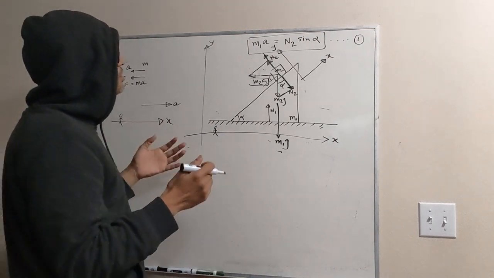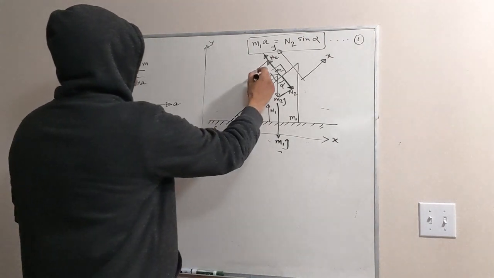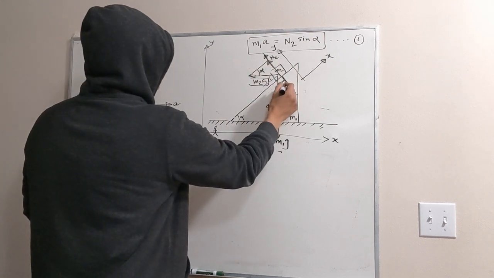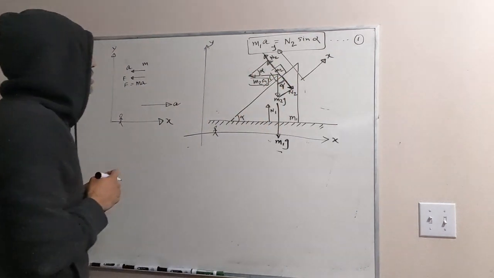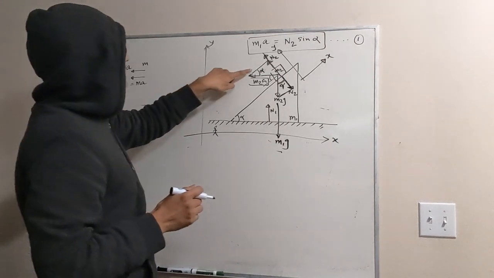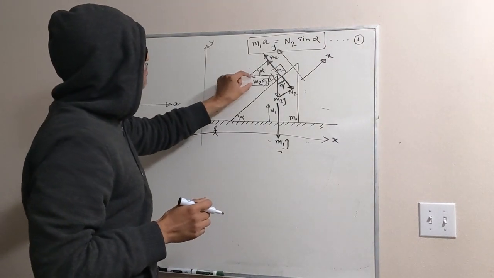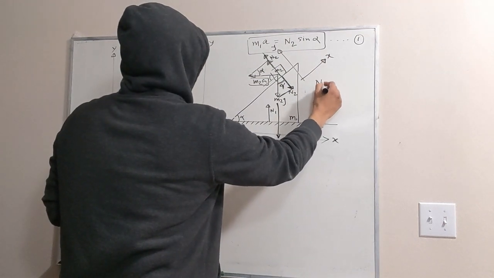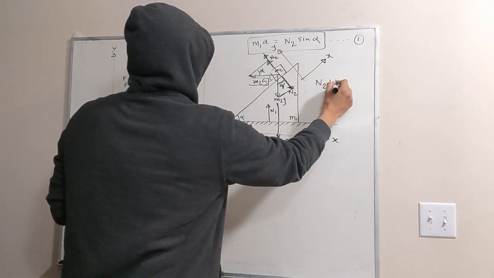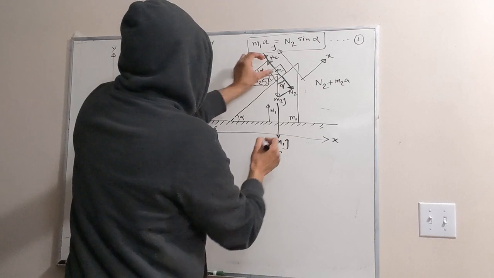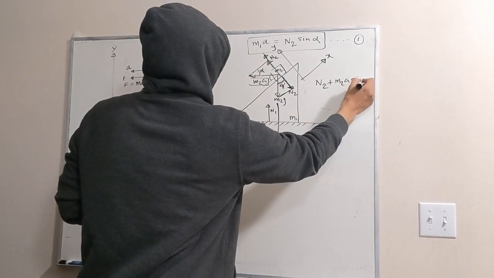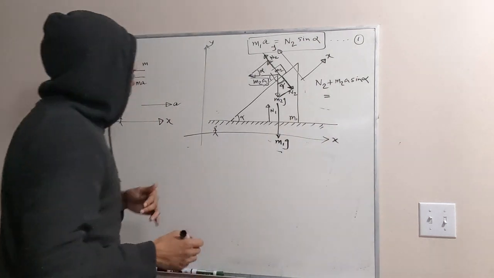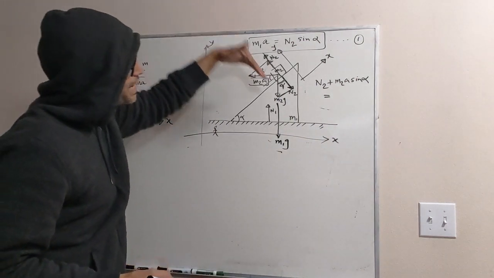Now if you do a little bit of trigonometry, you will see that this angle is alpha and also this angle is alpha, right? Now, if this angle is alpha, what is the component of M2A in this direction? So in this direction, the net force is definitely N2 plus M2A sine theta. Sorry, sine alpha. This should be equal to the forces in the negative y direction.